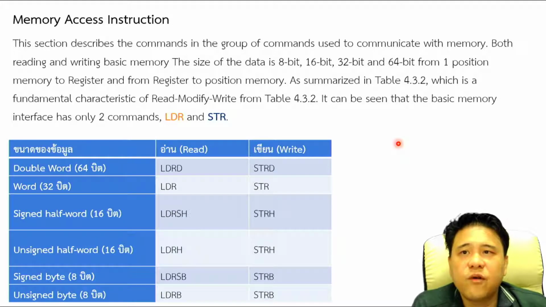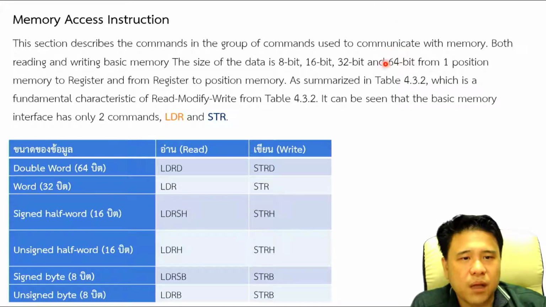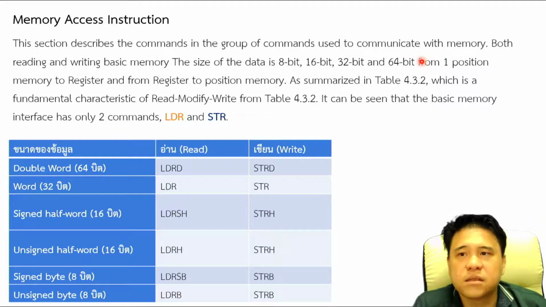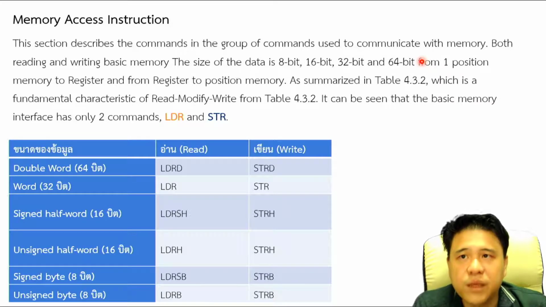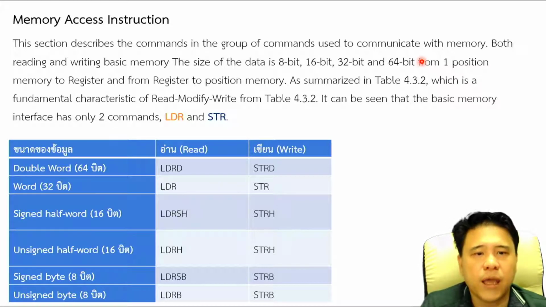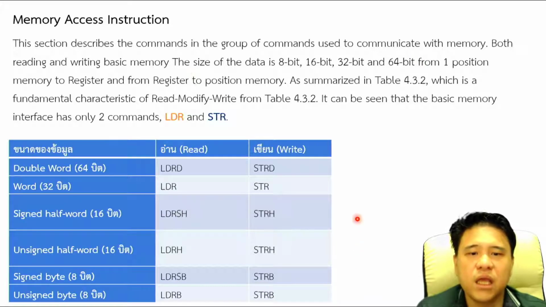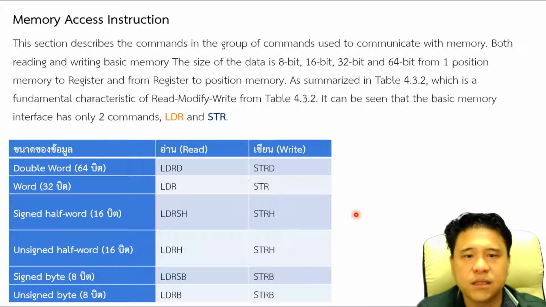But the 64-bit case almost never happens in our situations, because most of the time our system is 32-bit. Therefore, sometimes we don't want to do anything greater than 32 bits. Okay, this summarizes how we can do memory access instructions.